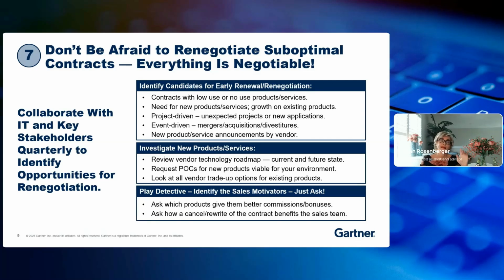So you could say, look, we just never got around to using it. Or, boy, you know what? You included that and we didn't know if we wanted it and we just have never used it. We've calculated that it's $1 million that we have wasted here. Can we talk about rewriting the contract? You giving us credit for that shelfware, and we can take a look at some of your new offerings. That can be a win-win.